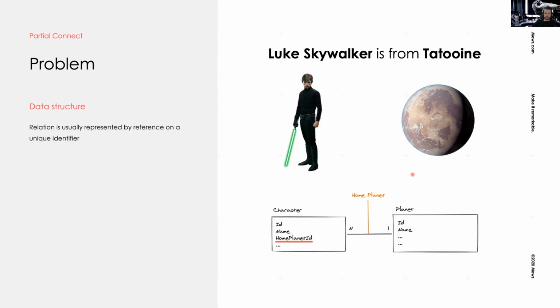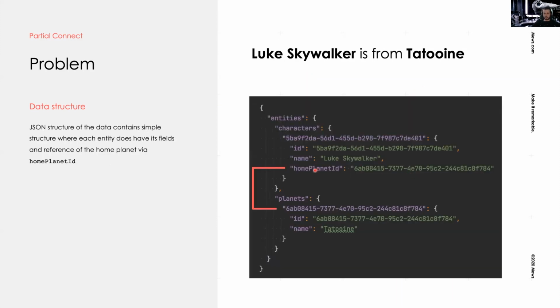How it will look in a JSON structure is that the character, which is over here, will have some kind of reference and the ID will be its property. And we can find somewhere else in the database or in a Redux state that this entity is referenced by this ID and its name is actually Tatooine. So by the reference, we are able to retrieve some properties of the entity.